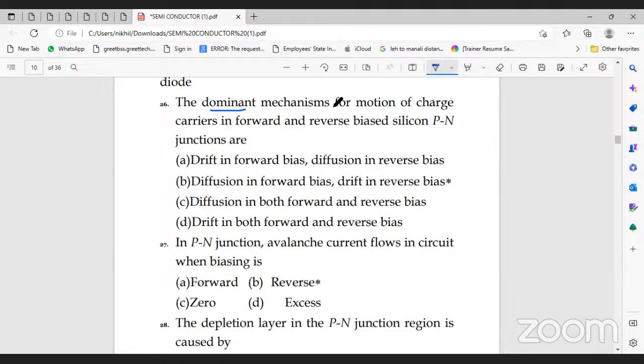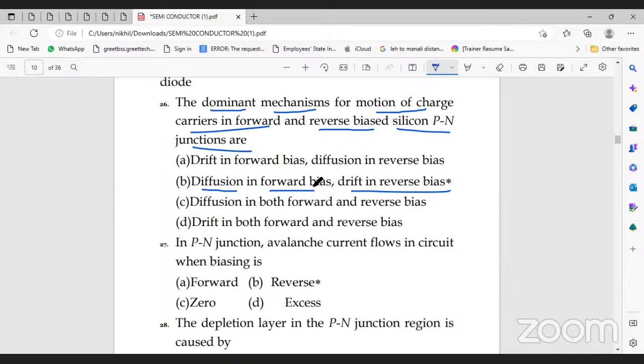The dominant mechanism for the motion of charge carriers in forward and reverse biased silicon PN junctions: there will be diffusion of charges in forward bias and drift in reverse bias.